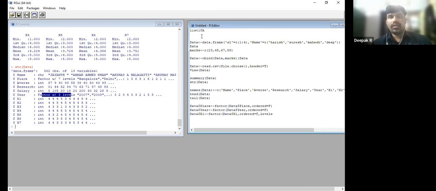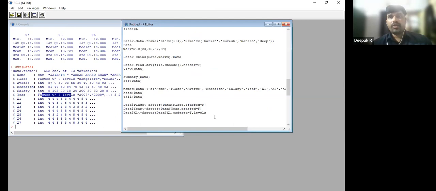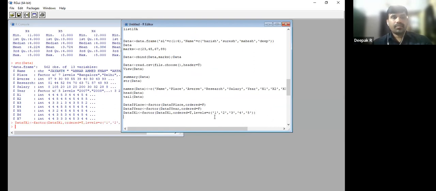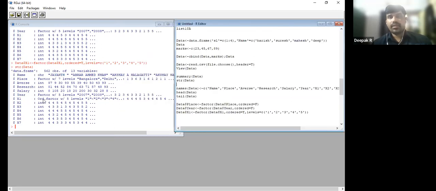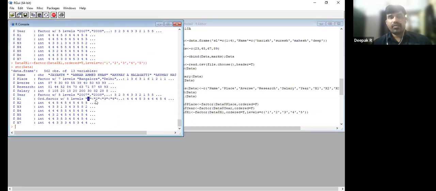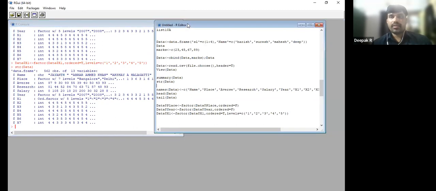Now if I go for the structure of the data, you will notice that x1 is now considered as ordinal data with 5 levels, 1, 2, 3, 4, 5. So 1 here refers to strongly disagree, disagree, neutral.